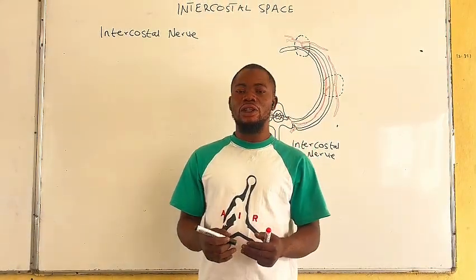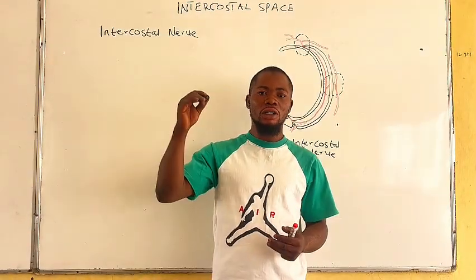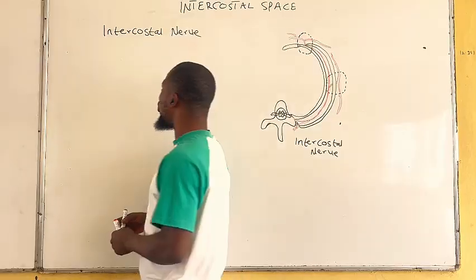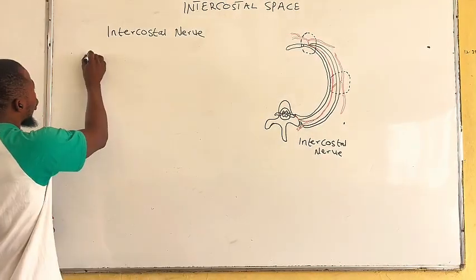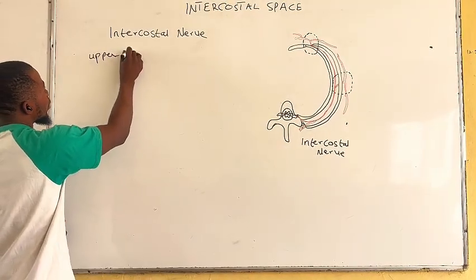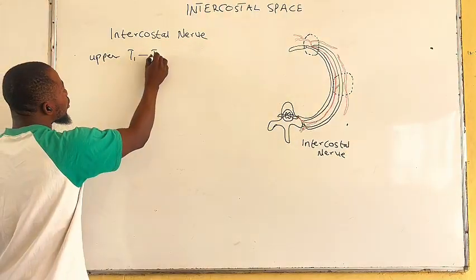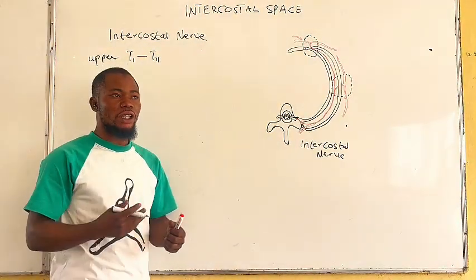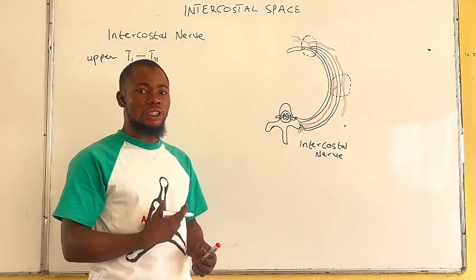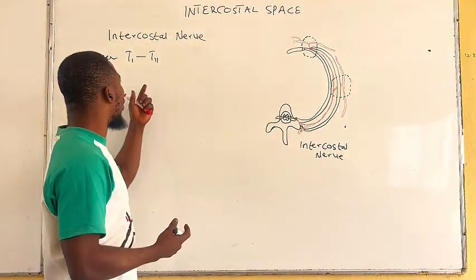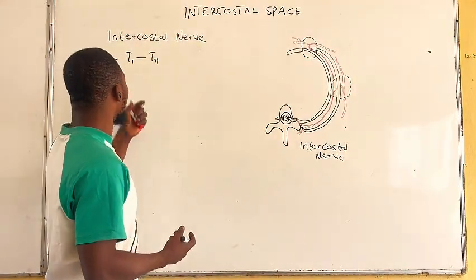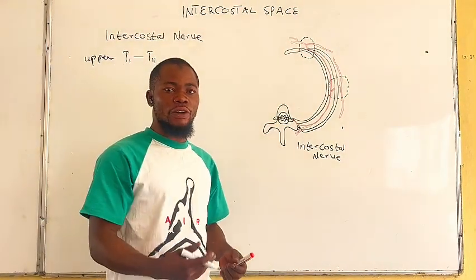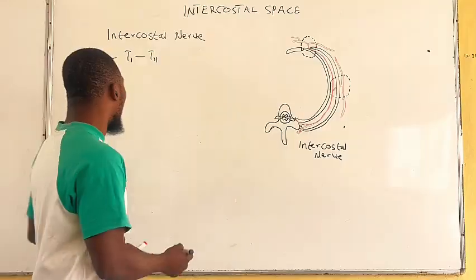The anterior rami of the upper 11 thoracic spinal nerves, T1 to T11, are called intercostal nerves because they course in the intercostal spaces, whereas the anterior ramus of T12 enters the abdominal wall below the 12th rib and is called the subcostal nerve.